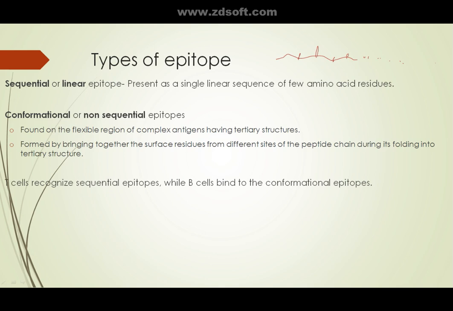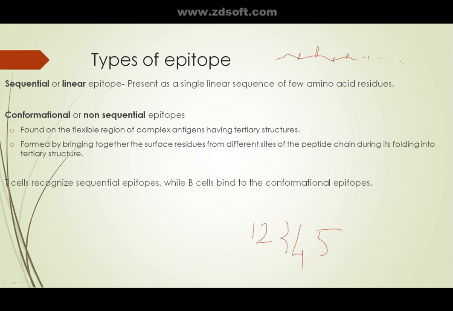That is, conformational or non-sequential means they are not in a sequence, okay. Sequence means, see, 1, 2, 3, 4, this is all in sequence. That is the meaning of sequential linear epitope.